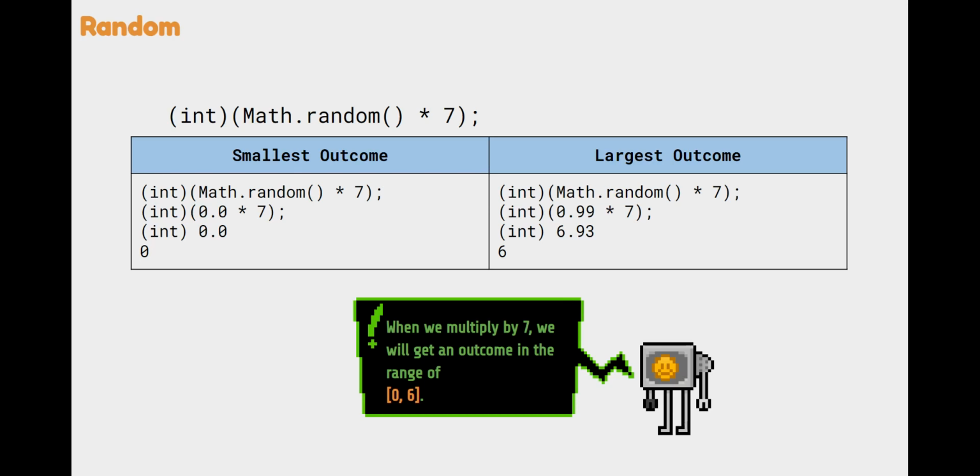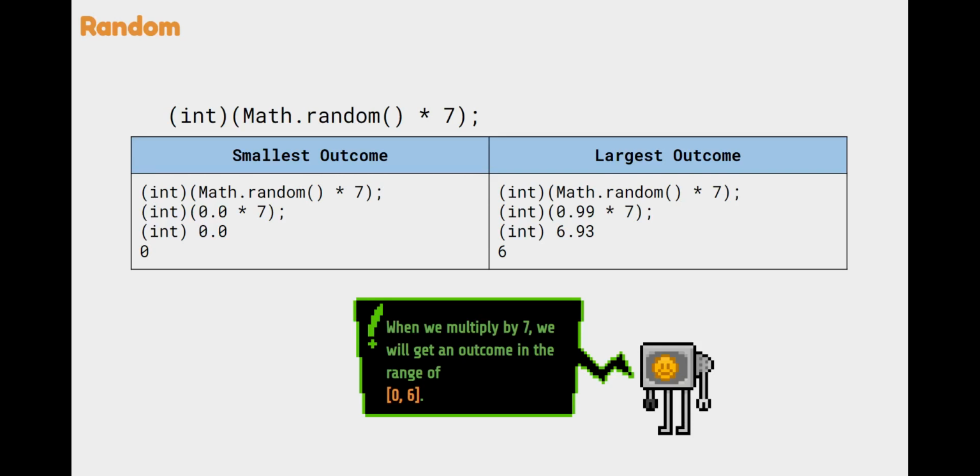Which means when we multiply by 7, we will get an outcome in the range of 0 through 6 inclusive, which just happens to be a range of 7 numbers. This makes sense because we just previously said Math.random will be every percentage from 0 up to but not including 100.